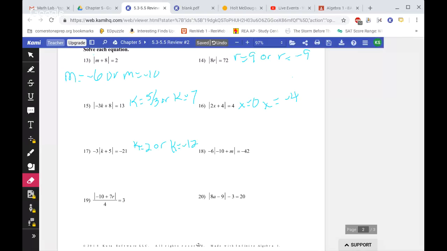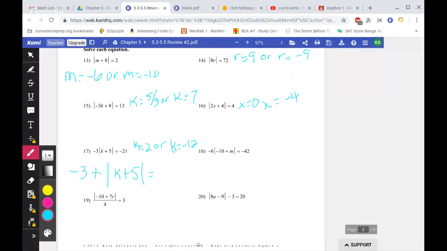But in that particular case, if that were the case, the problem would look like this. You would have some sort of operation between the -3 and that.